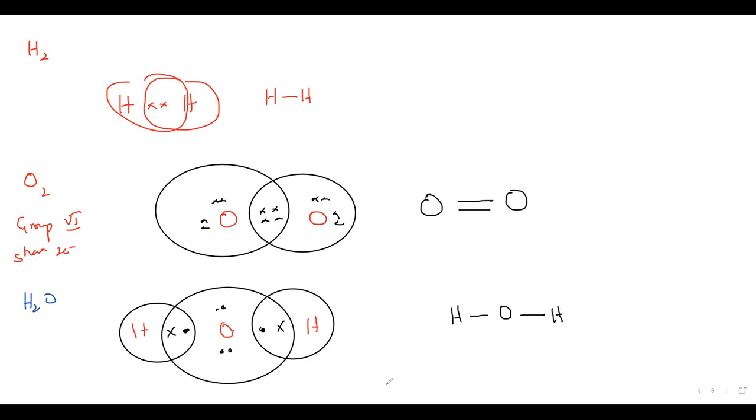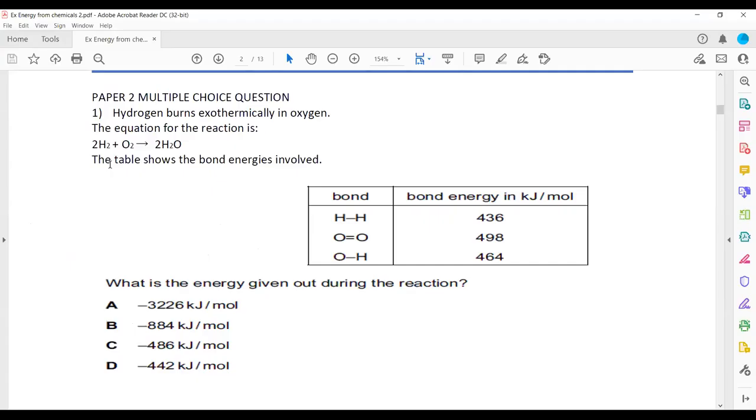Now the question. According to the equation, it is 2H2 plus O2 gives 2H2O. So hydrogen is bonded with another hydrogen, and how many are there? 2 molecules. So this is one molecule, then there is another molecule.